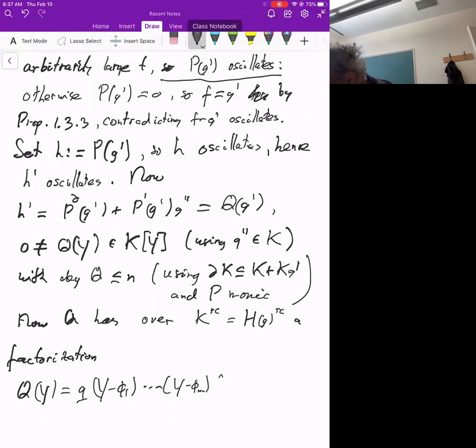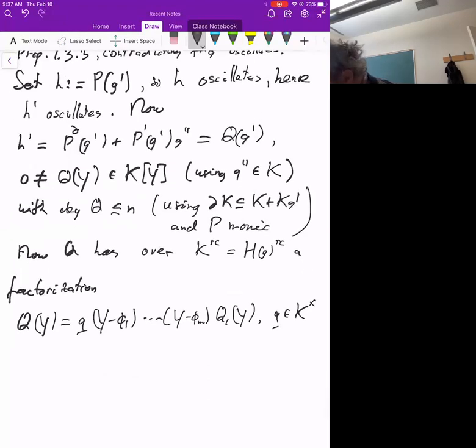So let's write it as q Q1(y), where q is simply a non-zero element in my field K, and the phi's are in the real closure.